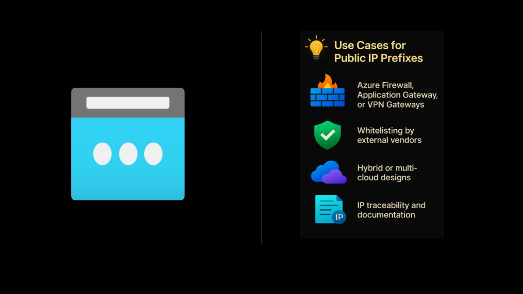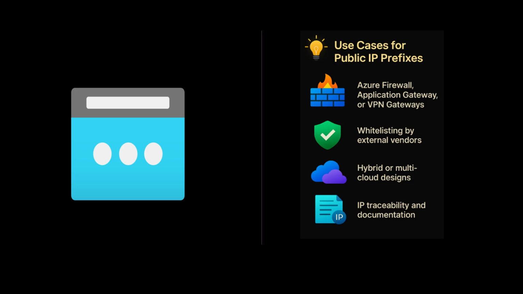When you're working with public IP prefixes, following best practices helps you get the most value while avoiding common pitfalls. Start by choosing the right prefix size. For example, a /30 gives you 4 IPs while a /28 provides 16.